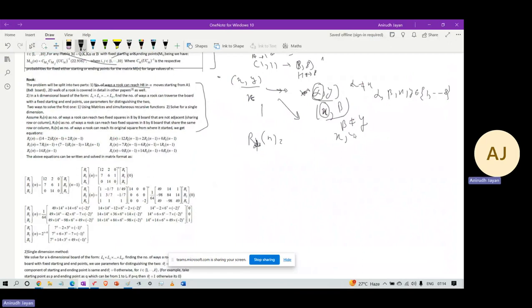Say x comma y becomes alpha comma y or x comma beta. This is R1 of n. Now, R2 of n. R1 of n is 1.